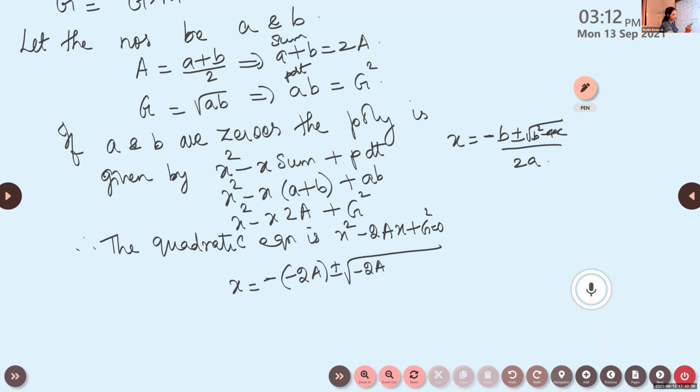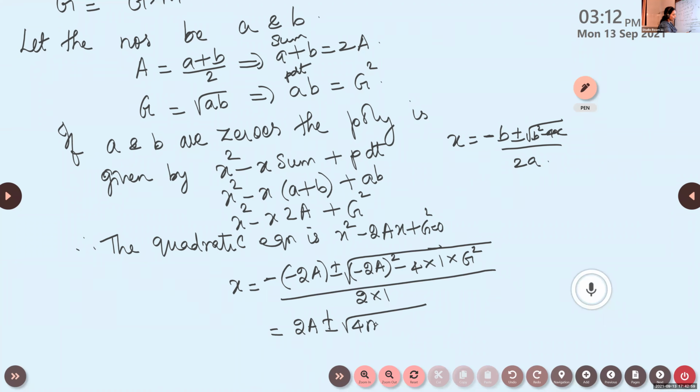In the place of b, we have (2a) the whole square, minus 4 into a into c (which is G square), by 2 into 1. So negative of negative becomes positive: 2a plus or minus root of 4a square minus 4g square, by 2.